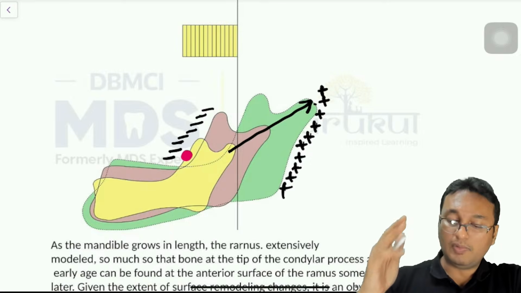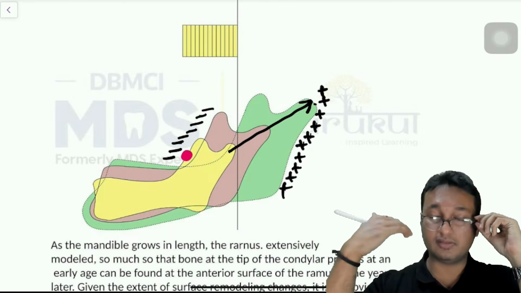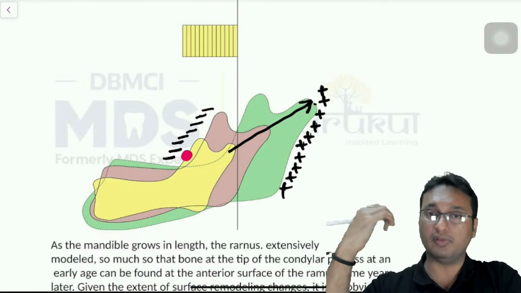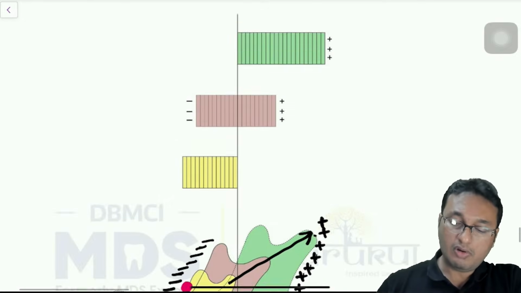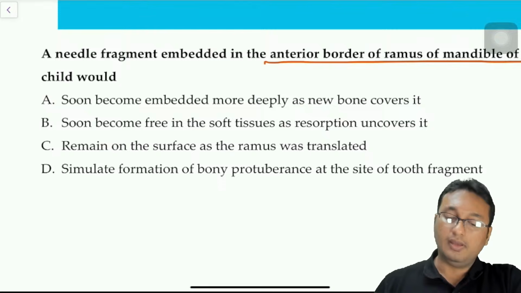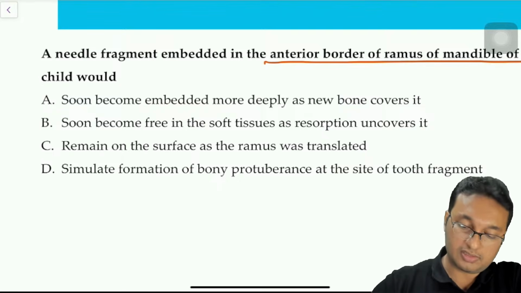So the anterior border of the ramus is completely resorbed and the posterior border of the ramus is formed by new bone formation, new bone deposition. So what you are going to observe here, it would soon become free in the soft tissues as resorption uncovers it.